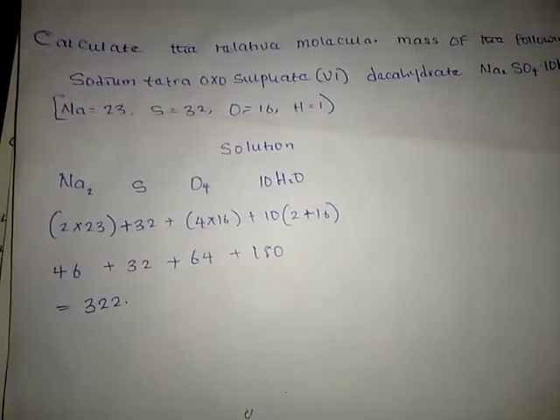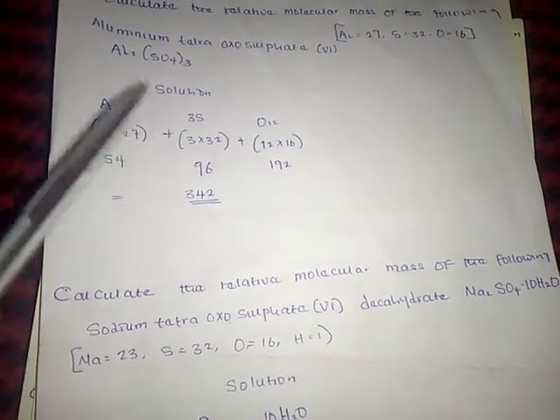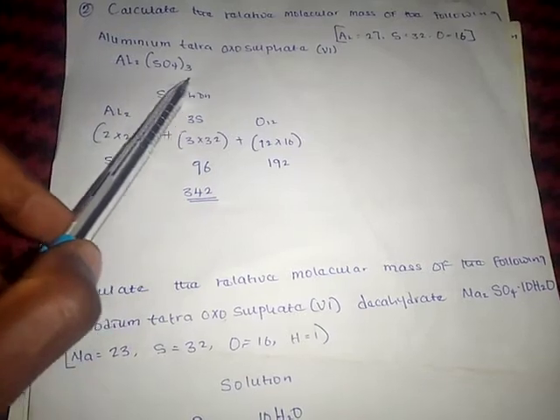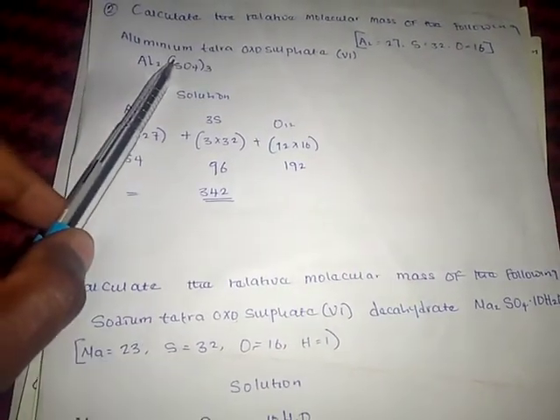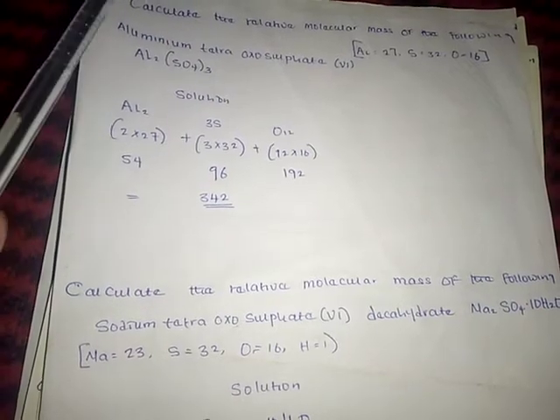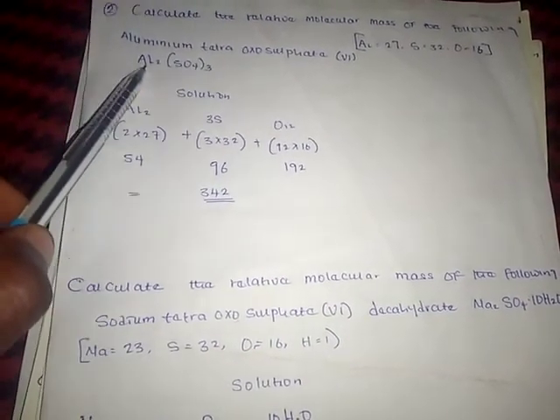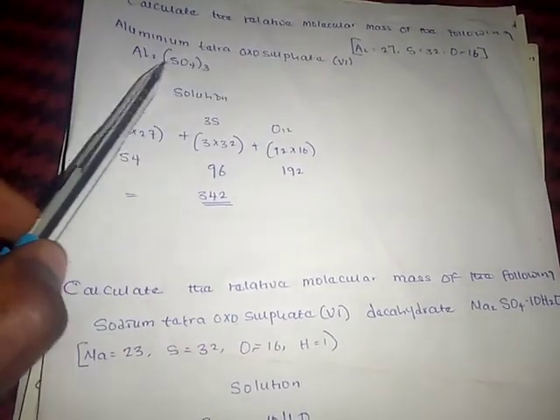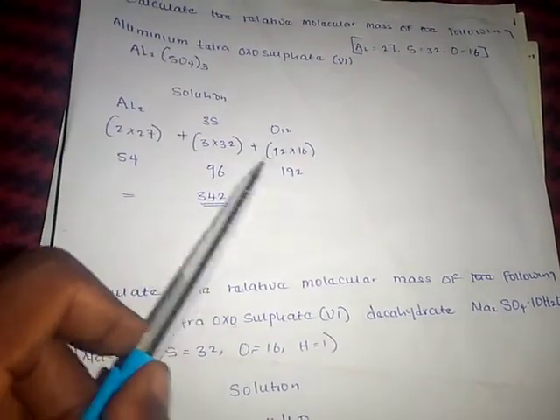So remember what we did. The first thing you're going to do if you're given this kind of question is to write down the molecular formula of the compound you're given. That's 1 molecule of the compound. Look at the formula. The next thing is to check the number of each individual element. Aluminum has 2 here, sulfur has 3, and oxygen has 12, and then you multiply it out.